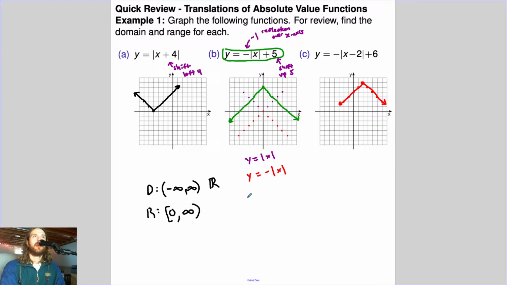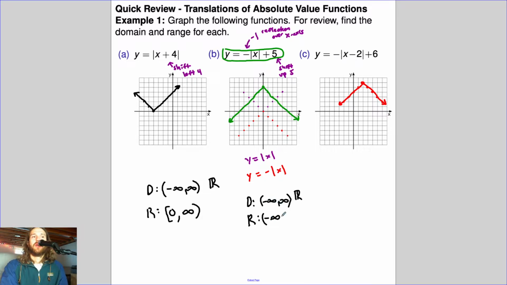Okay, how about for this next one? For part B, domain, again, is -infinity to infinity, all real numbers. And the range, what's the lowest possible y value? There is not one. It continues forever in the negative direction.